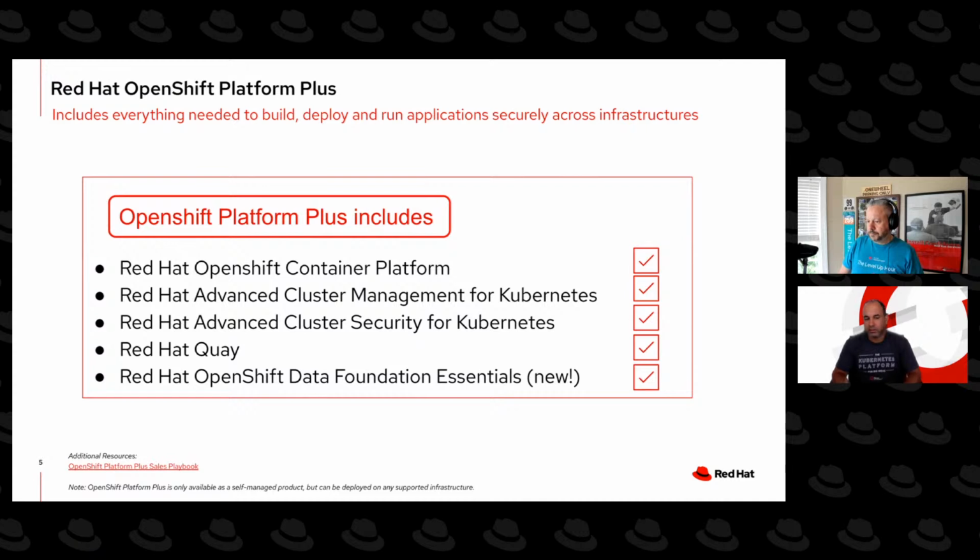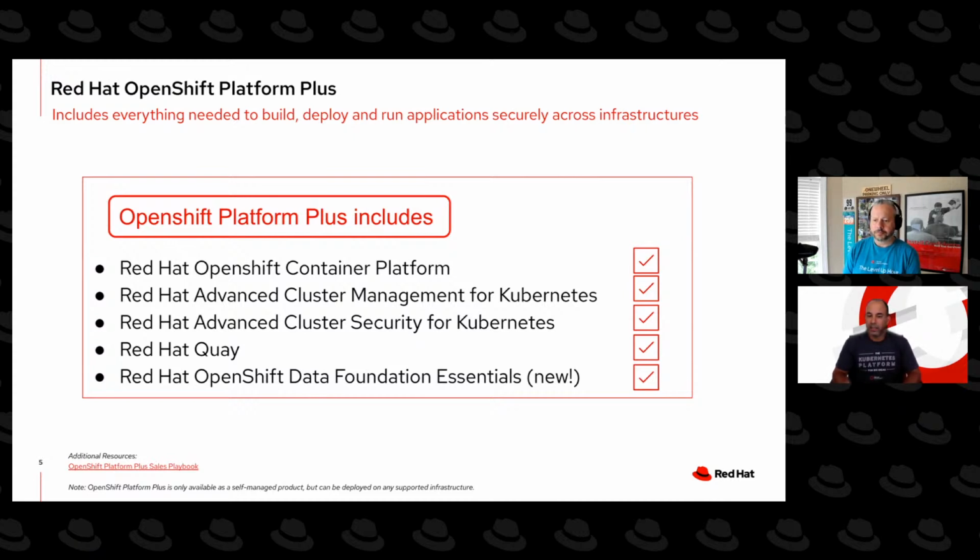The second one is security for containers with the Red Hat Advanced Cluster Security, or what we call ACS. The third one is Red Hat Quay, so that brings the geographically replicated, highly available container registry that also integrates security scanning.